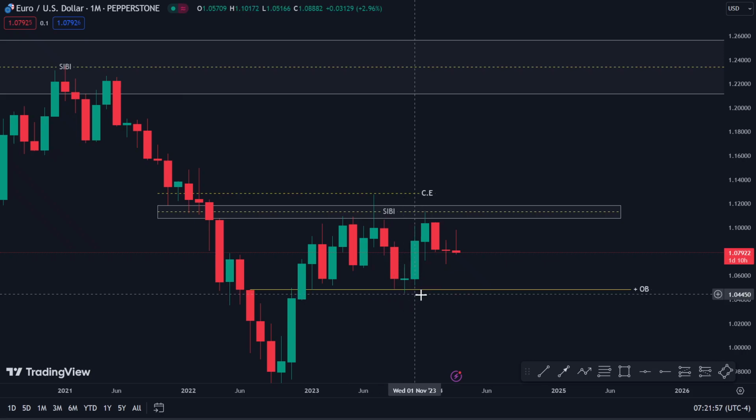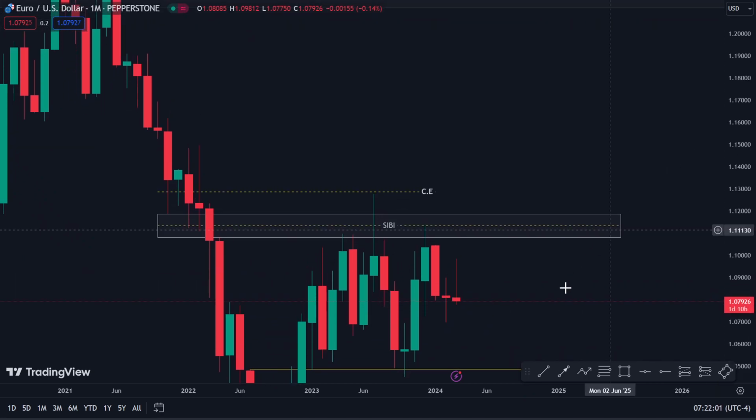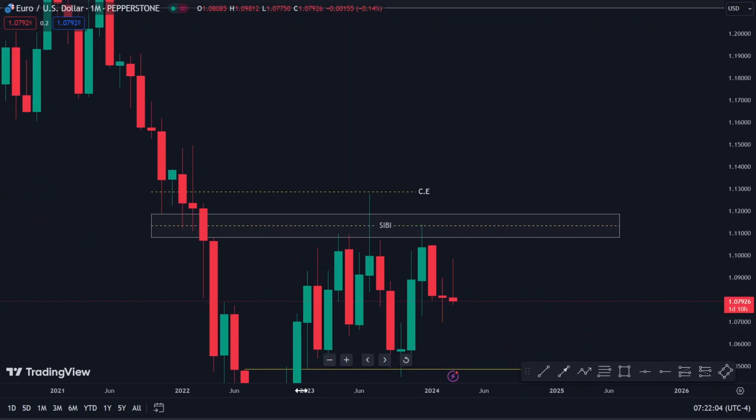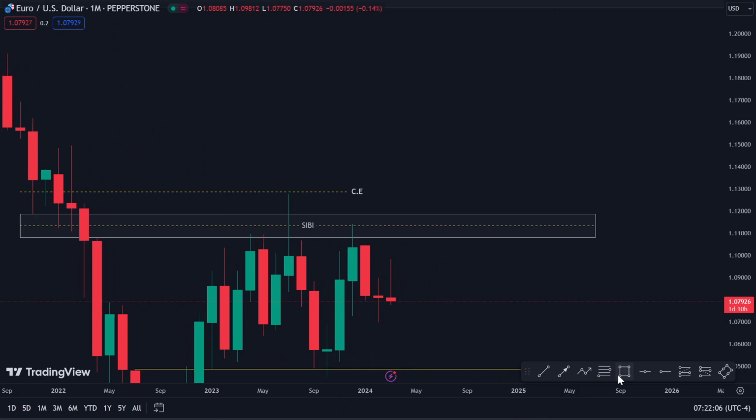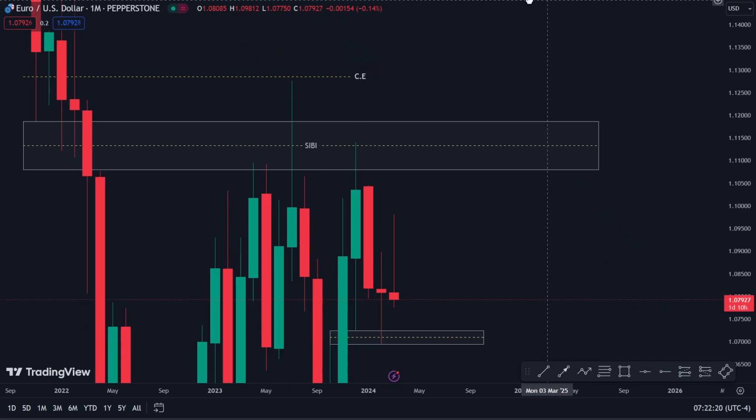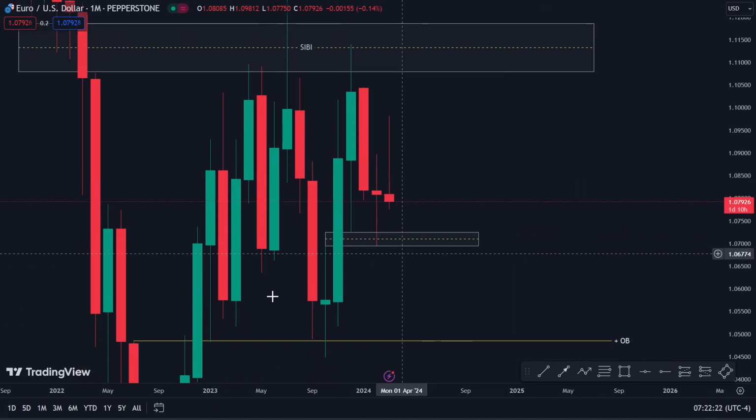Before we get there, we have something here, over here. This candle's high and this candle's low forms, see this candle's high, this candle's low.